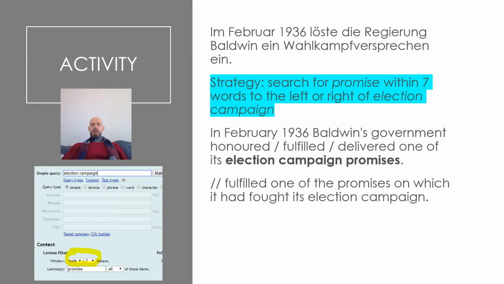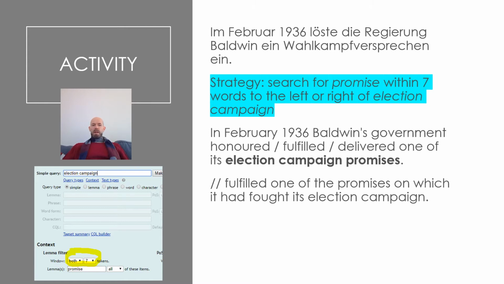Now, if you read a lot of newspapers, which you should do as a student of English, of course, you already know this, I think. It should be part of your active vocabulary. So when you read Wahlkampfversprechen, you should immediately think of election campaign promises. If you can't, then the strategy I'd recommend is using the Sketch Engine and doing a context search.